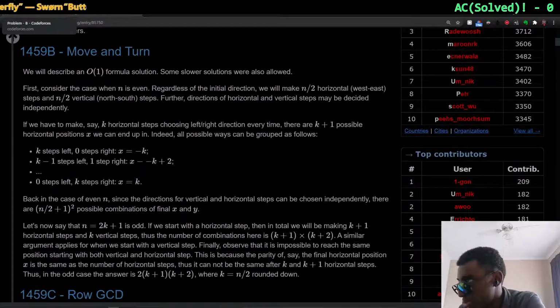Say we take 2 steps. So then k is n divided by 2. So then we got one horizontal step, and then there are 2 places we can go. Either to the left of us or to the right.